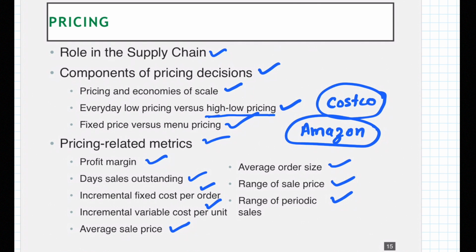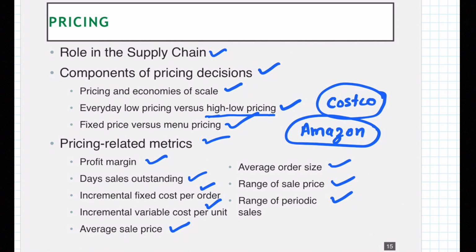So the range of periodic order captures the minimum and the maximum quantity that is sold over a period of time, where a period could be daily, weekly, or maybe monthly. The idea is to understand the correlation between sales and price and see if any opportunity exists to shift sales by changing price over time.